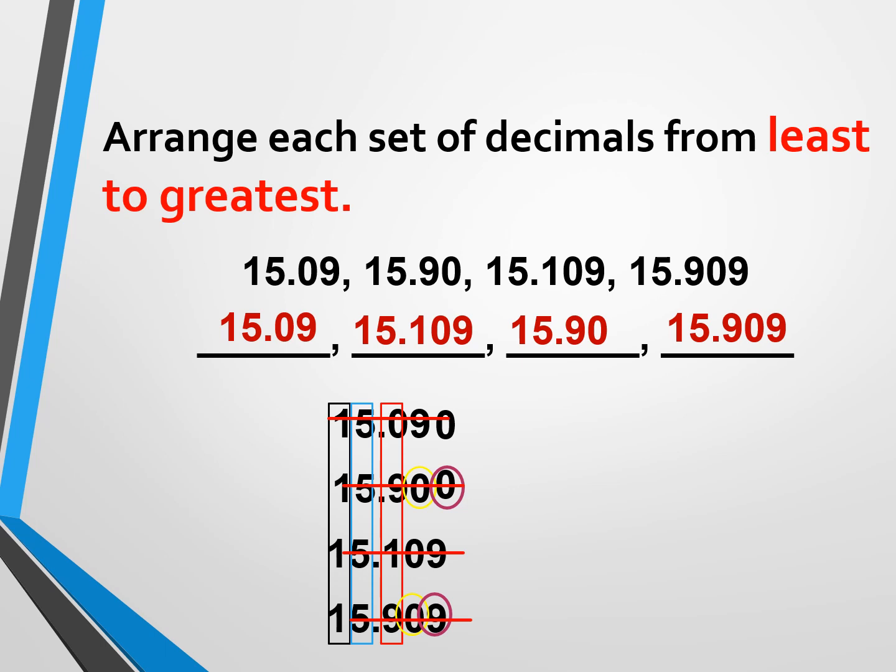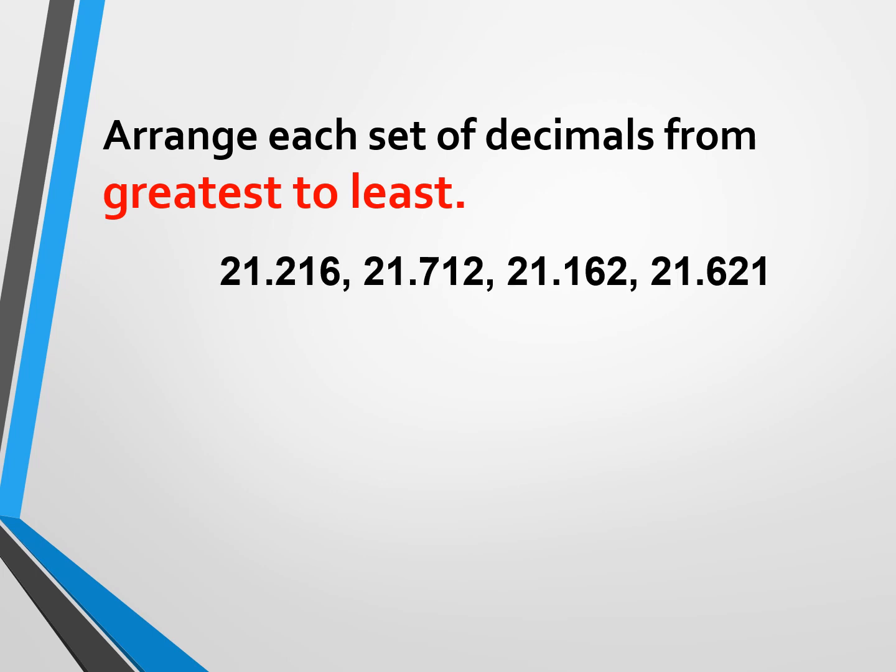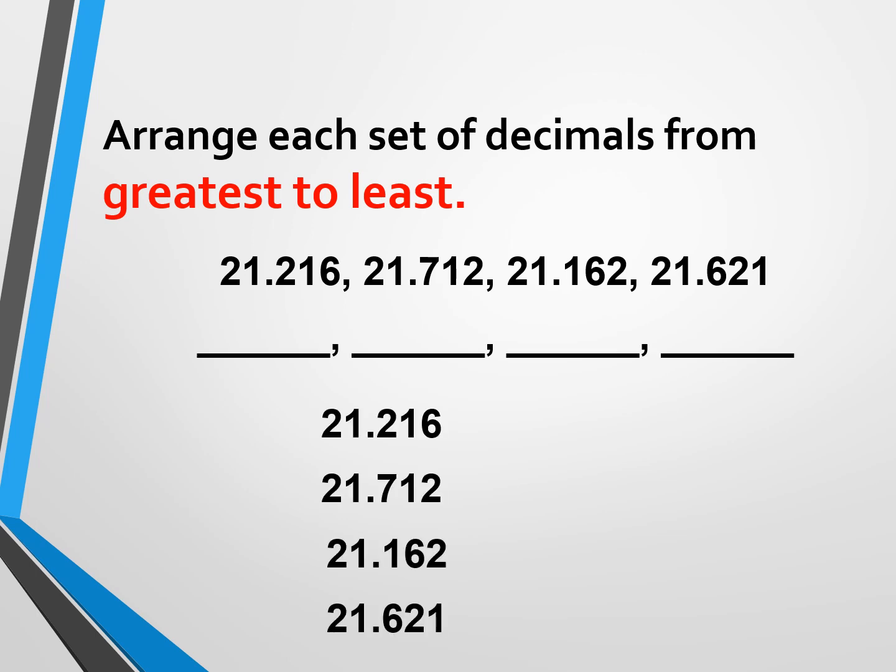Let's try another example. This time from greatest to least. Okay, from greatest to least, let's have the numbers 21 and 216 thousandths, 21 and 712 thousandths, 21 and 162 thousandths, and 21 and 621 thousandths. So we align first the decimals, compare from the leftmost, they have all the same numbers.